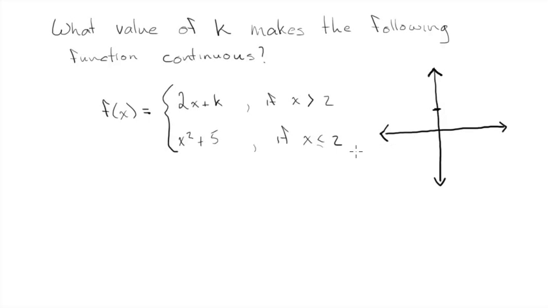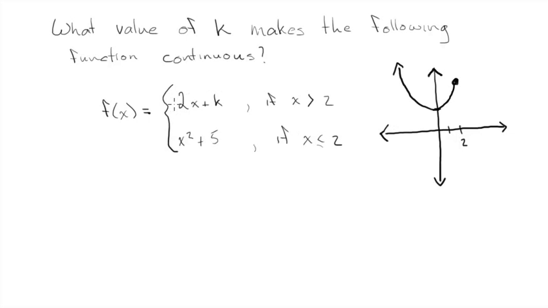And this piece applies when x is less than or equal to 2, so the value of 2 would be there. So we've got a parabola that goes on forever that way, but it stops at 2. And it's less than or equal to, so we get a solid circle.